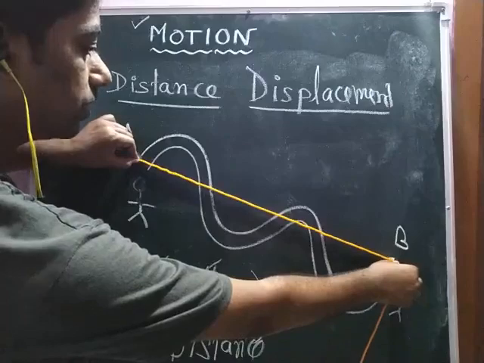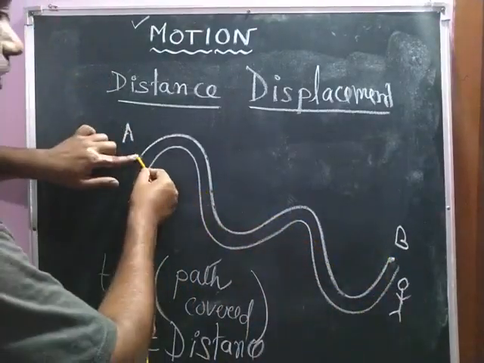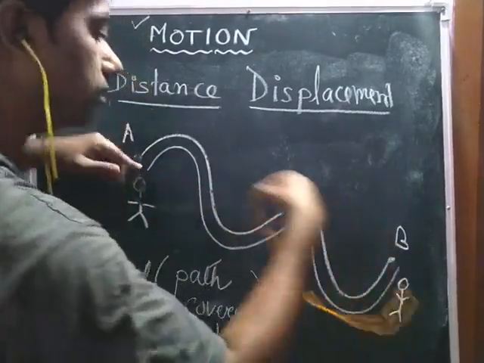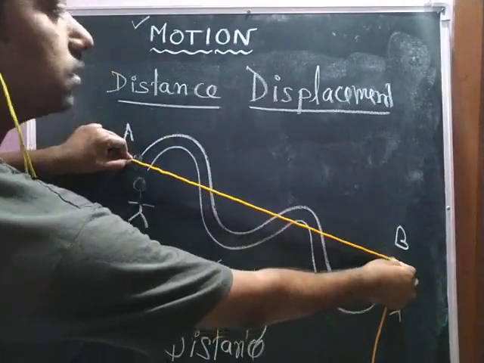So this distance, the shortest distance between initial and final point, is known as displacement.